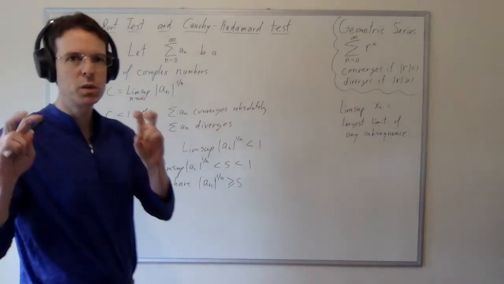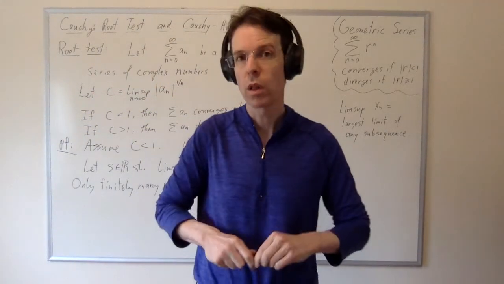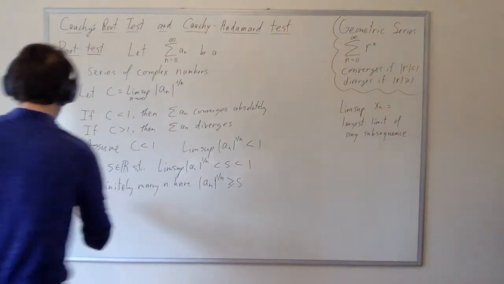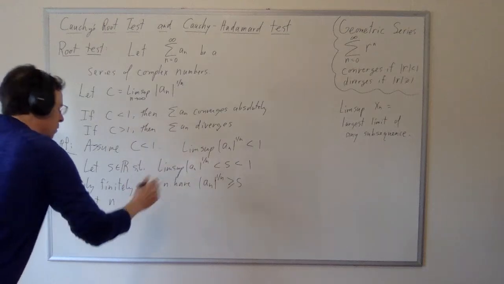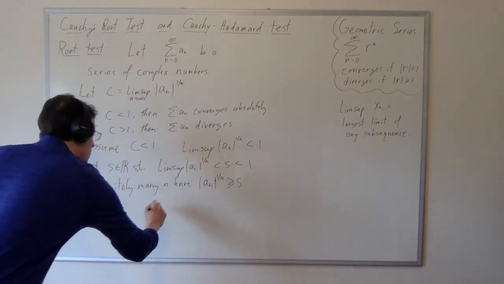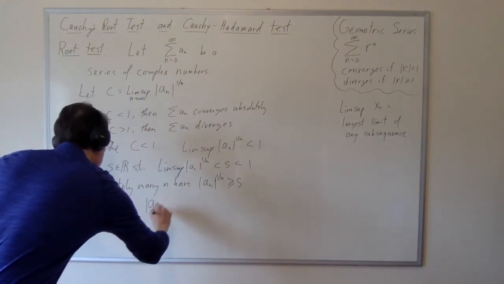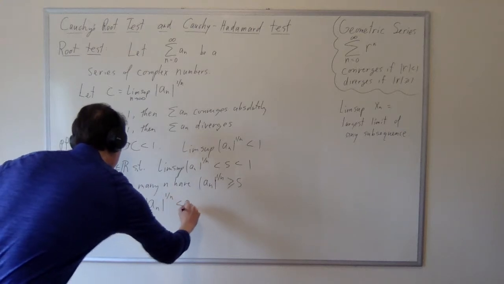So for most n, and by most I mean all but finitely many, what do we get? This thing is less than S.